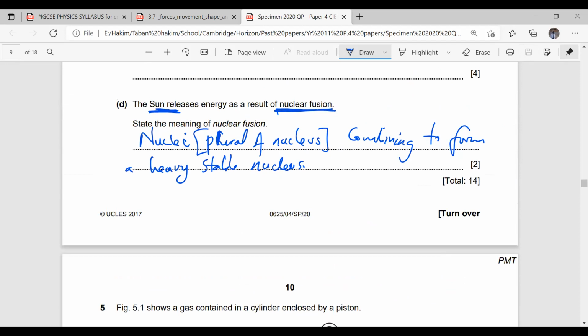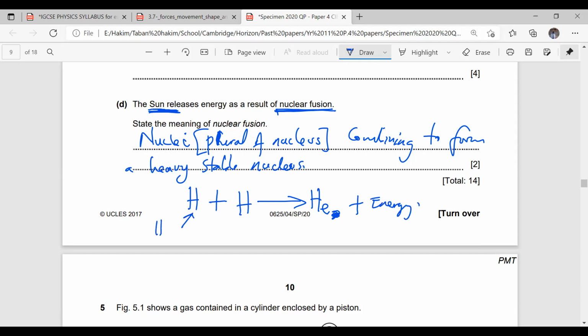The energy from the sun, how is it that the sun can produce energy throughout the years, centuries, and so on? What causes the sun to produce energy? So I can simply say that the sun produces energy by a process called nuclear fusion. In other words, one hydrogen nucleus combines with another hydrogen nucleus to form what we call helium, plus the energy. We shall be looking at this.